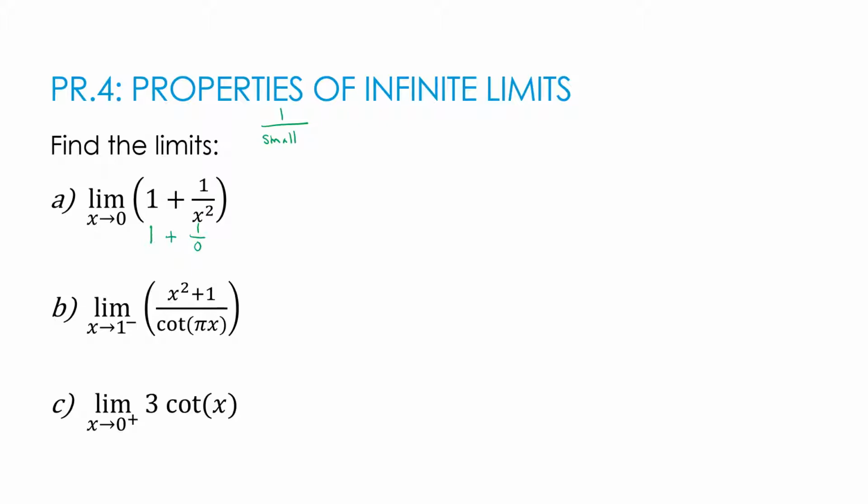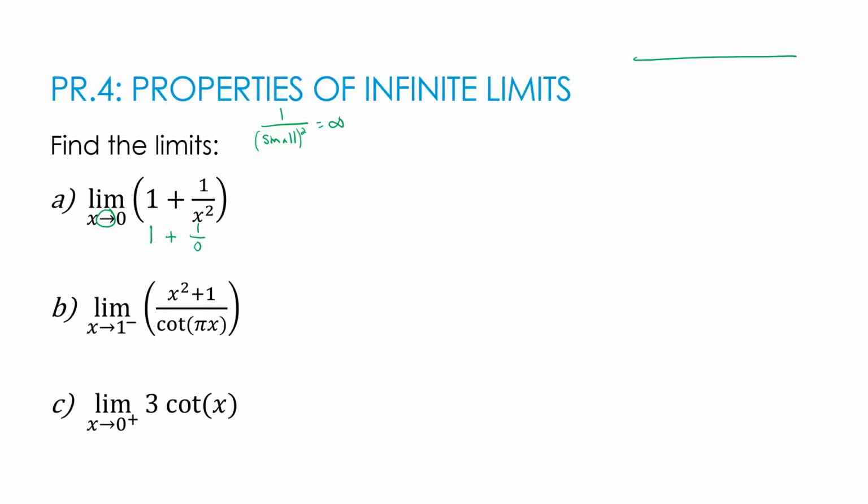Because again, it's not 0, it's as I approach 0. So as I approach 0 from the left, or approach 0 from the right, I'm going to have a very, very small number, and I'm going to square that very small number, and I'm going to take 1 divided by a really small number, which is going to give me a really large number, which is going to approach infinity.